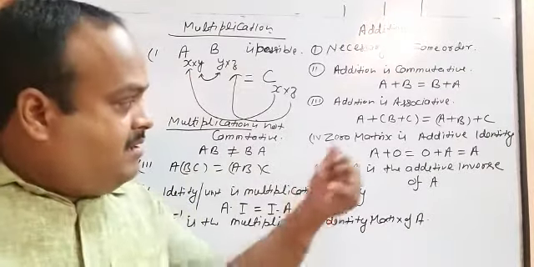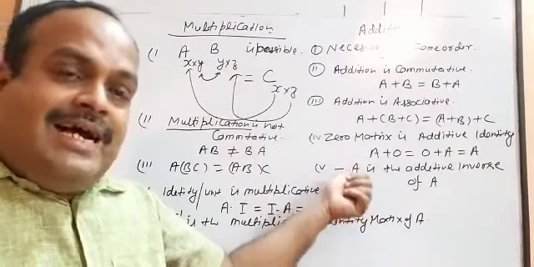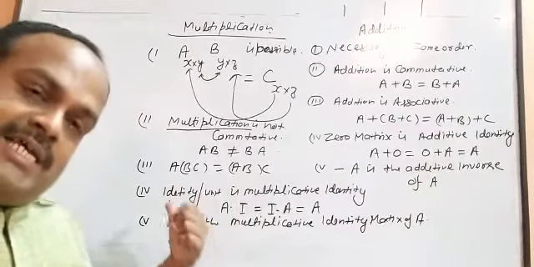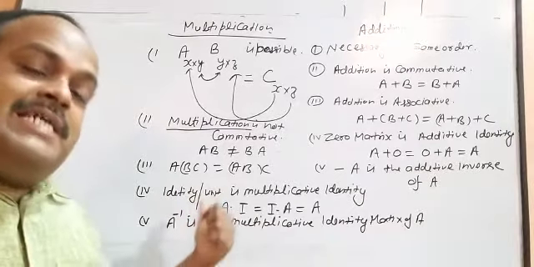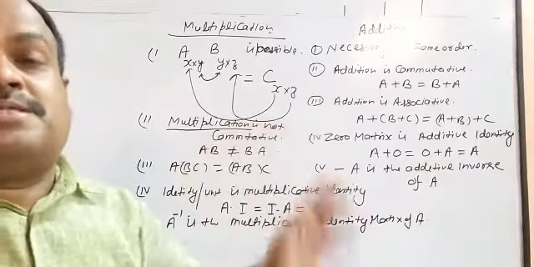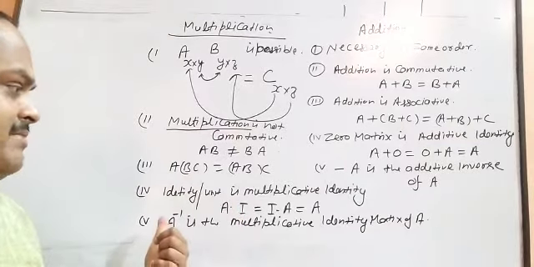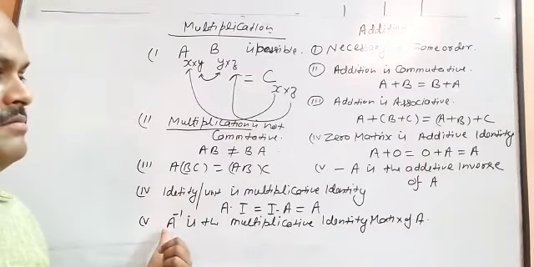Remember, for every matrix A, additive inverse is possible, but multiplicative inverse is not always possible. And the symbol for multiplicative inverse is A inverse.